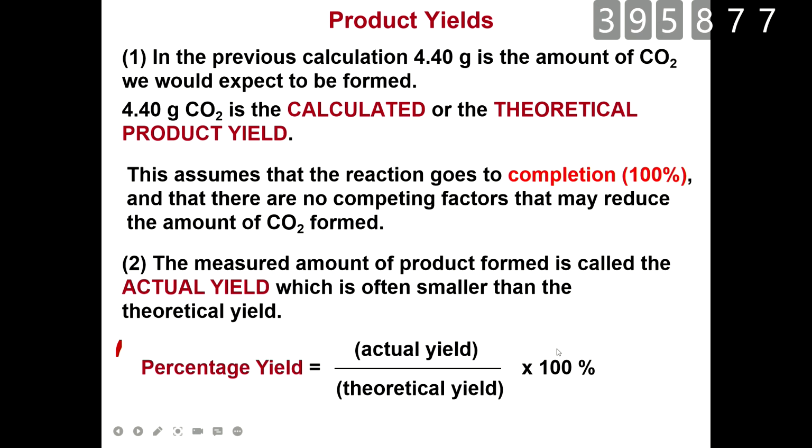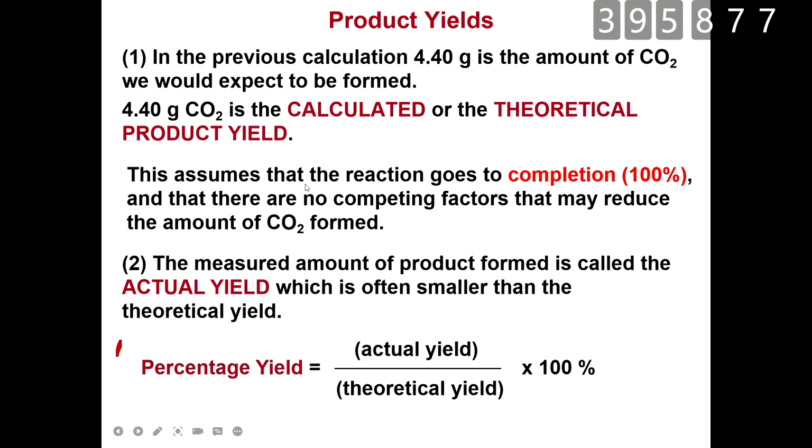Now let's introduce the product yield. In the previous calculations, 4.4 gram is the amount of carbon dioxide we would expect to be formed. So this mass is the calculated yield, or theoretical product yield.